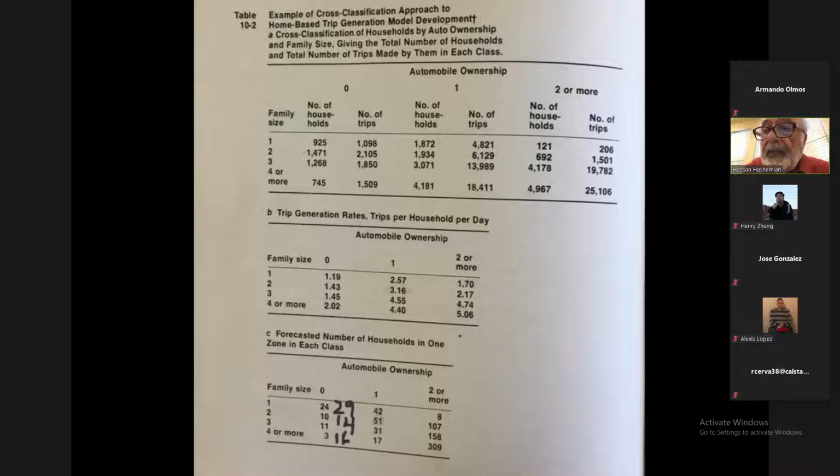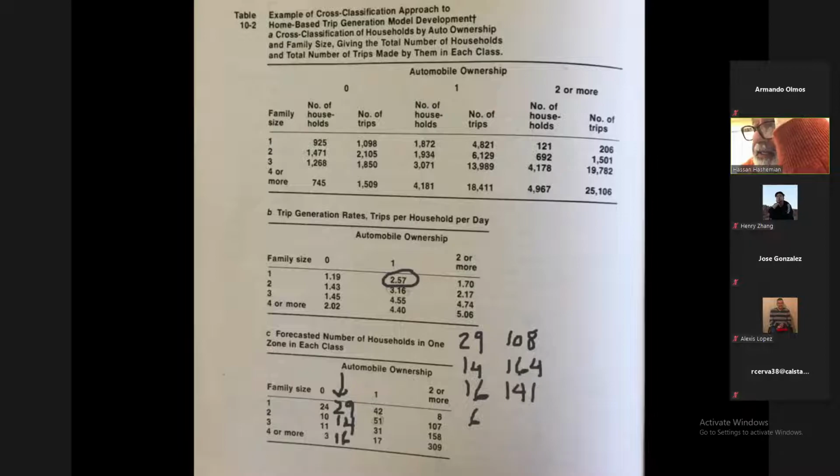So I write it here, 29, 14, 16, and 6, correct? That's for this column. The next column, we multiply 2.57 by 42. So that will be 108. We multiply 3.16 by 51. You get 164. And we get 141. And we get 75.